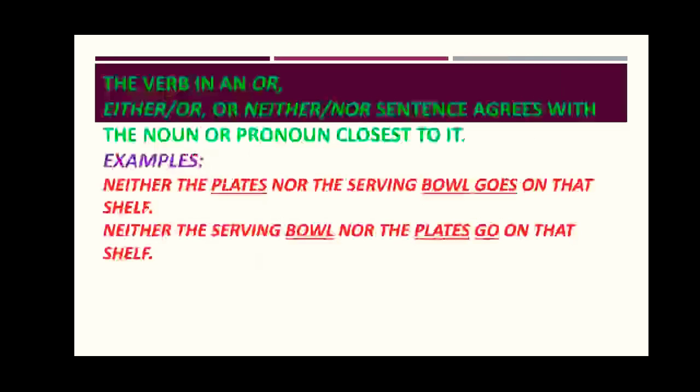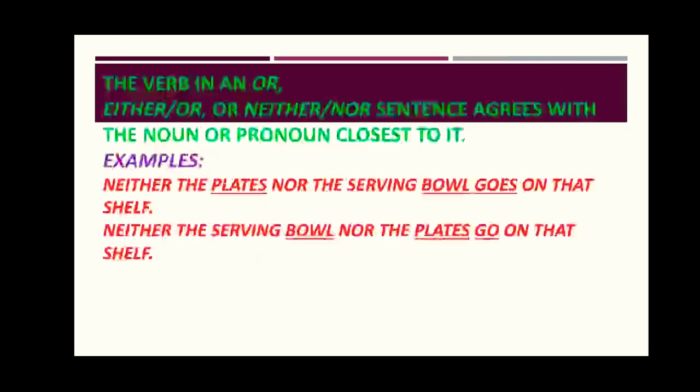Let's read the next example. Neither the serving bowl nor the plates go on that shelf. Now you must be thinking that these two sentences look the same. So what is the difference? Just see carefully that in the first one, bowl is singular, which is near to the main verb, that is go.